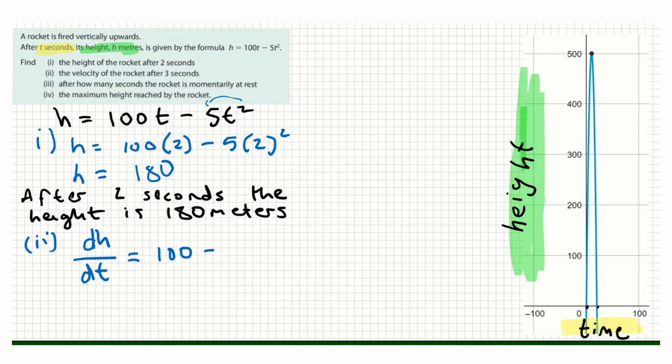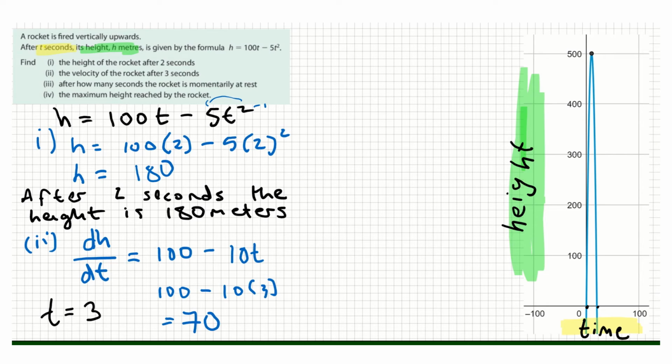power comes down, 2 times 5 is 10 times t, and we drop that by 1, 2 minus 1, so it's 10t. Now the question asks us after 3 seconds, so that means t equals 3. So now it'll be 100 minus 10 times 3, which is equal to 70. Velocity, we're talking about speed.